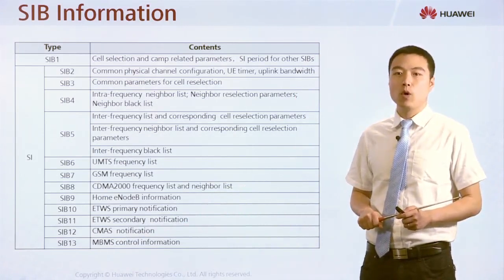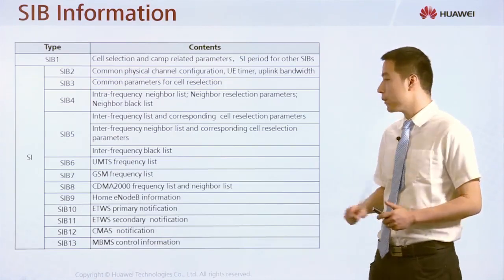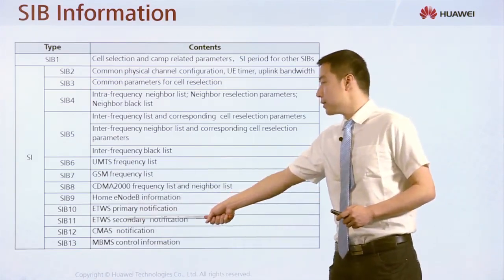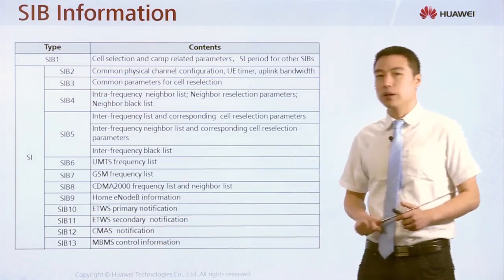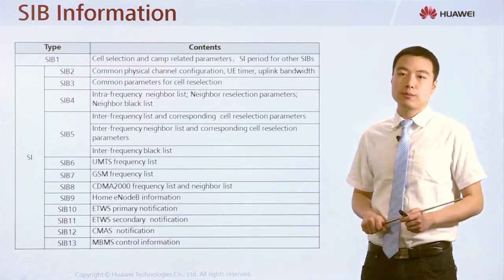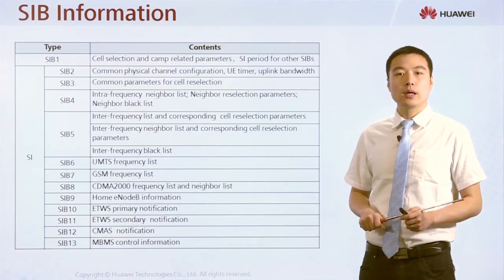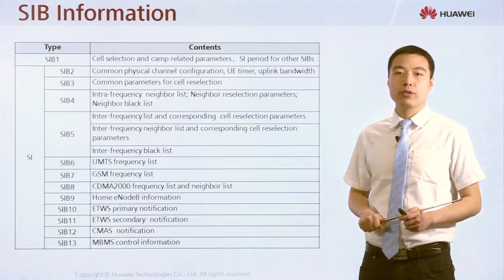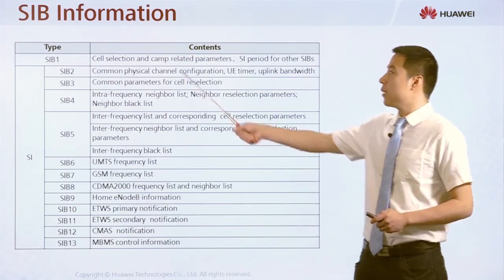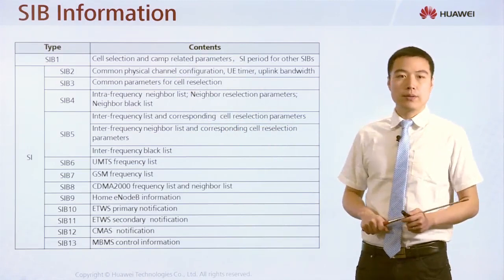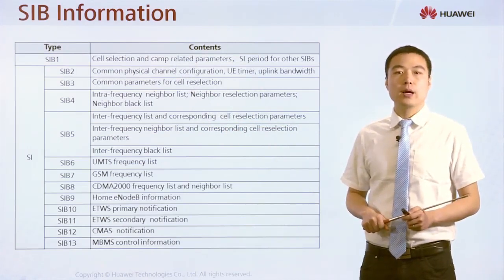For example, mobile TV is one of the MBMS services. SIB11, SIB12, and SIB13 are used in some special cases. Normally, in our live network, we don't have those SIBs. SIB1 and SIB2 are very common and very important. They are the necessary SIBs.